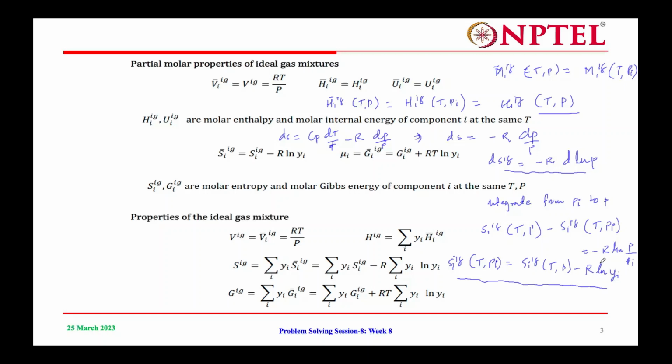Here it should be positive: when you convert the ln of 1/yi, the negative sign cancels, so it is positive.